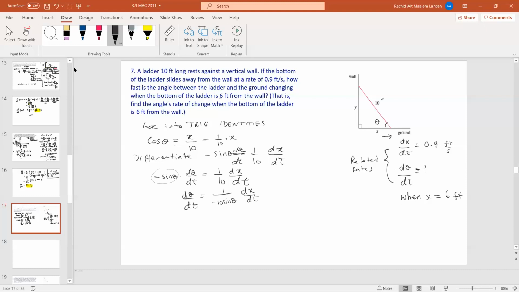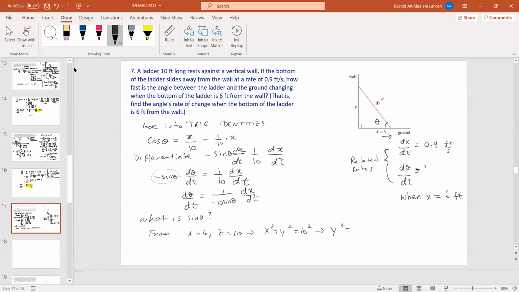So now what are we missing? We're missing sine theta. So now the question becomes, what is sine theta? We know the hypotenuse is 10. We know x is 6. Let's just put it there so we can see, or we can do another sketch. So we can come up with y. From x equals 6, and we can call z equal 10, we can find that x squared plus y squared equals 10 squared.